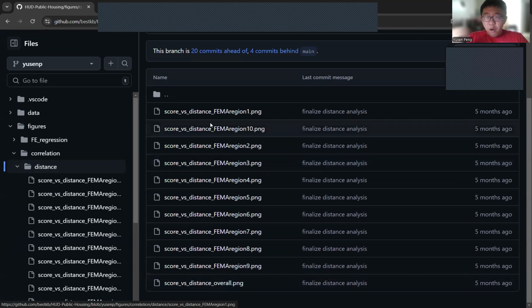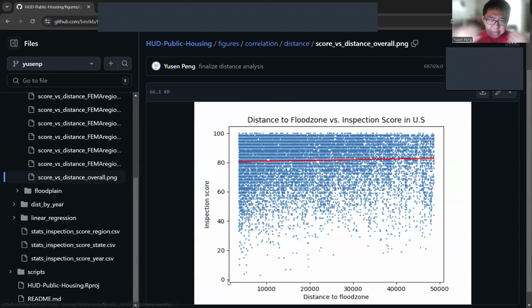So before diving into some FEMA region analysis, let's see the flood zone information for the entire United States. So here is the scatter plot. What is this scatter plot about? The horizontal axis is the distance to flood zone, and as we increase the distance to flood zone, the expression score also changes.